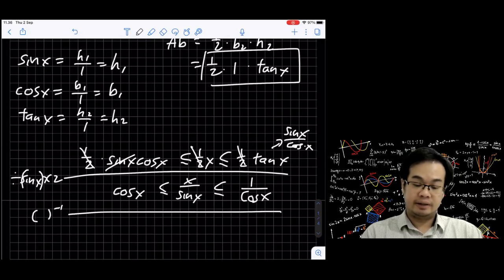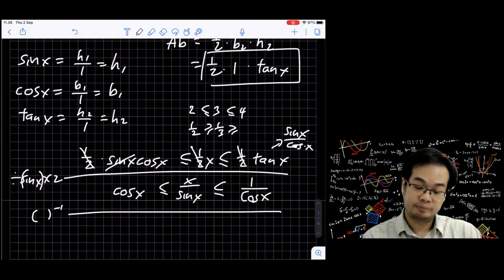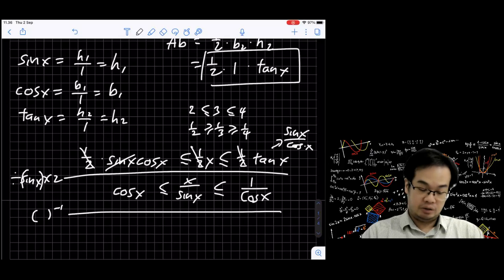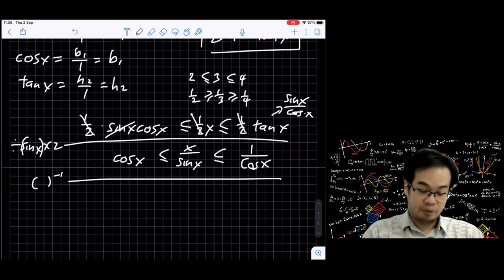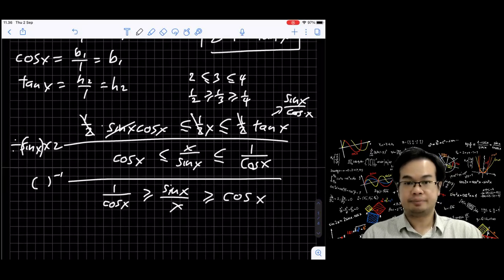Let's say that if you have 2 is less or equal than 3, less or equal than 4, of course if you take the reciprocal, then the sign will change direction, right? And this will always be true in any case. So if I change it, then I'm going to have 1 over cos x is greater or equal to sine x over x greater or equal to cosine x.